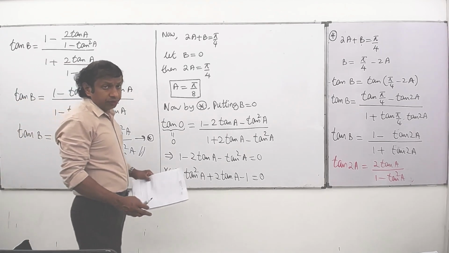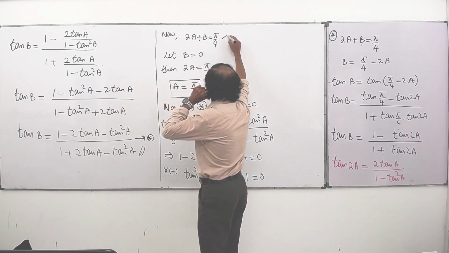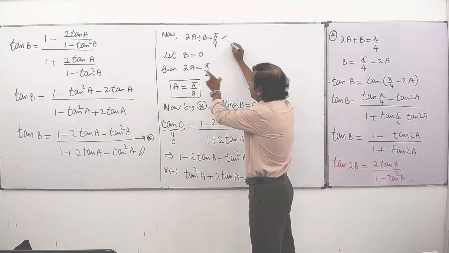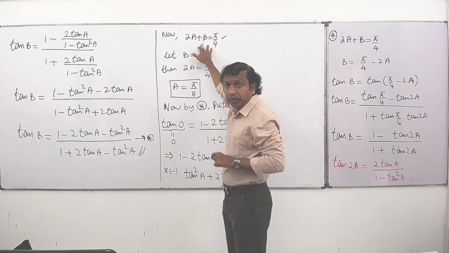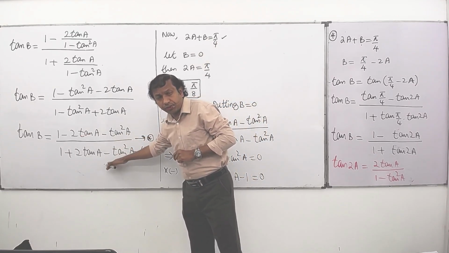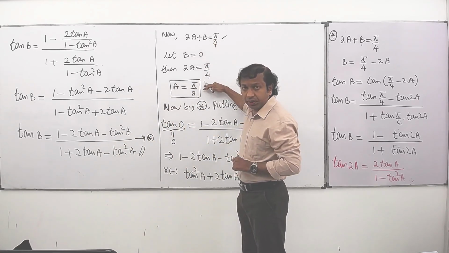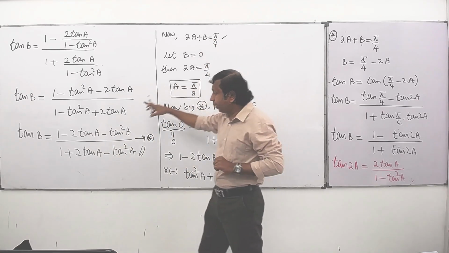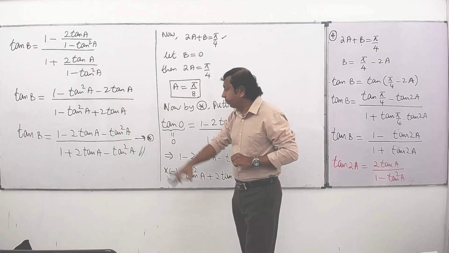Now, this is how we match the situation. This is the relation between the angles A and B. For the same relation between the angles A and B, the relation between tan A and tan B is given by this. I put here B equals 0, found A is pi by 8. Same B here, I put B equals 0, then we get tan 0 is 0, and thereby by star we got this.